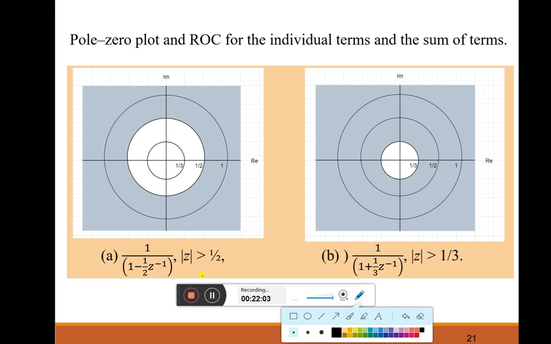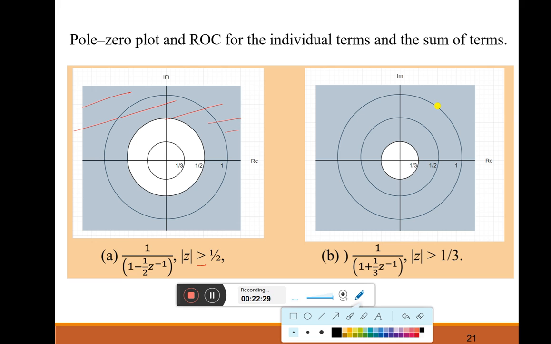So we say that Z is bigger than 1/2. So lorekan dia di luar pole 1/2 ni lah. Okay, yang dah lorek ni. And then for the second term pula, kita kata pun sama. Z is bigger than 1/3. So kita lorek juga di luar 1/3.